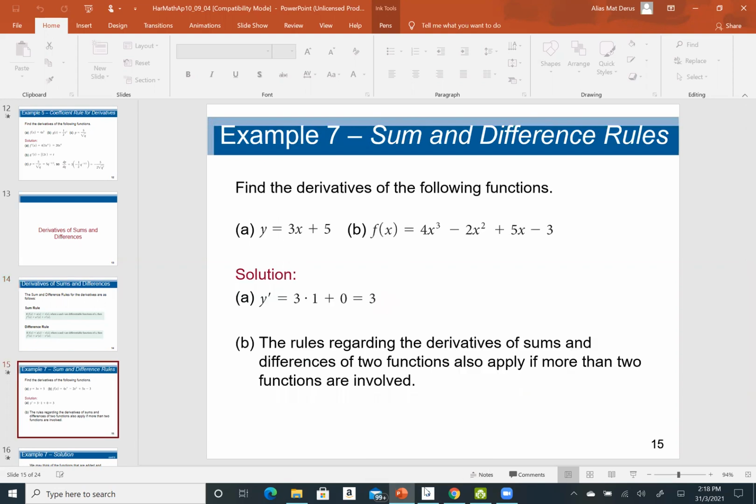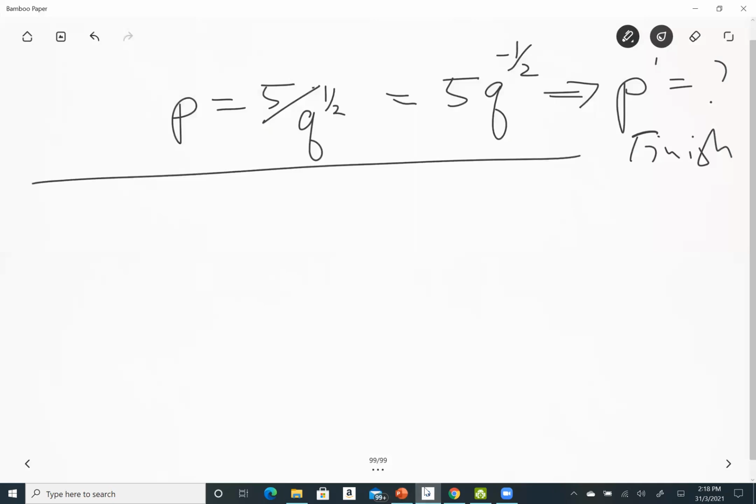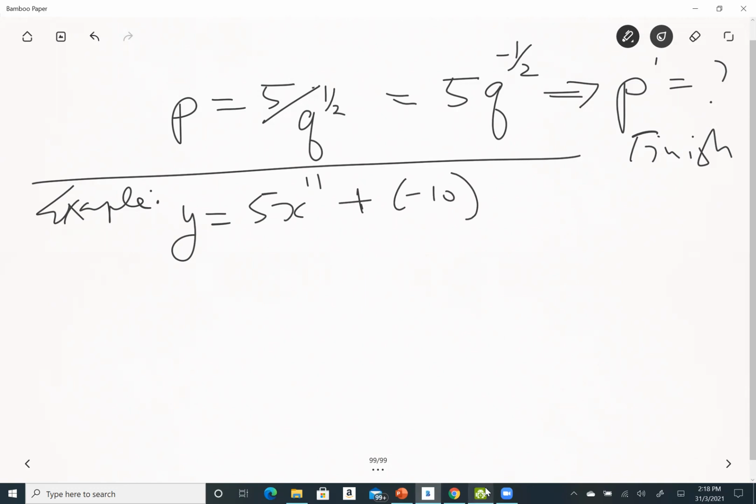This example is not very good, I'll give you another example. Let's say I have y equal to 5x to the power of 11 plus negative 10 x to the power of negative 7.6.